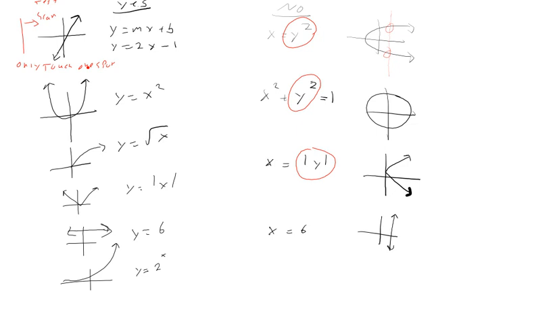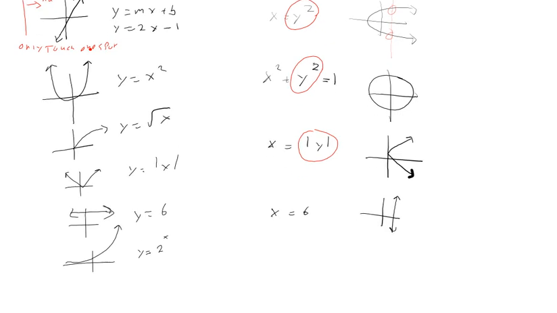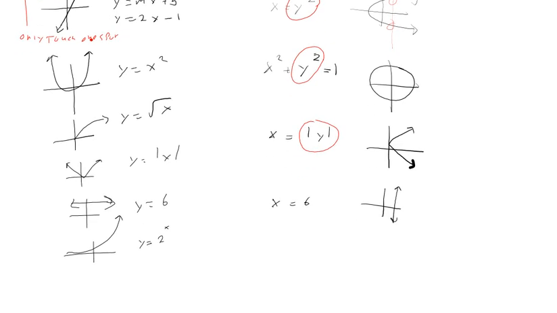So these are little clues that we can have. In this last one, we only have x, there's no y at all. So no y in your equation at all, that's going to be a problem. If I don't have an x, if I just have a y by itself, that's fine. X by itself, not fine.